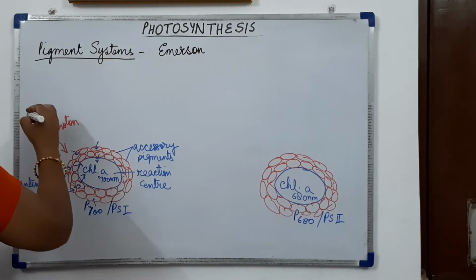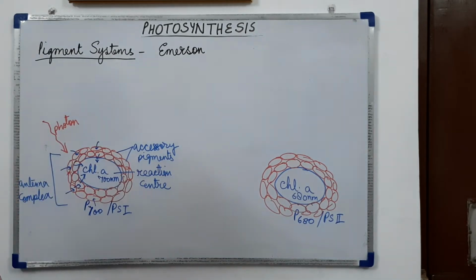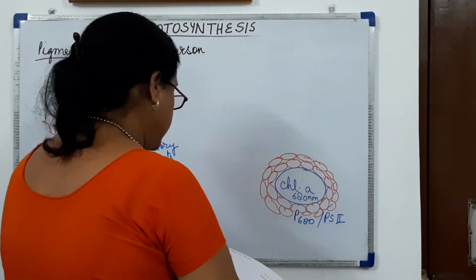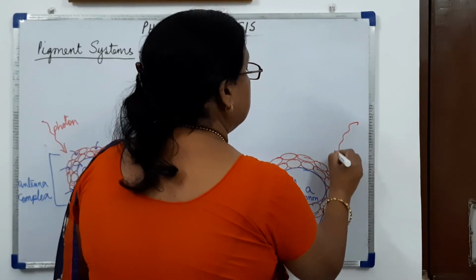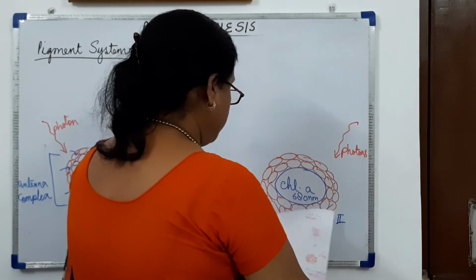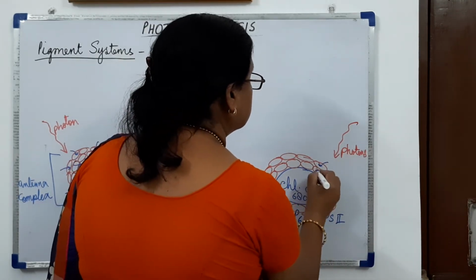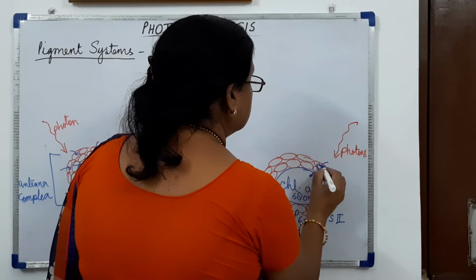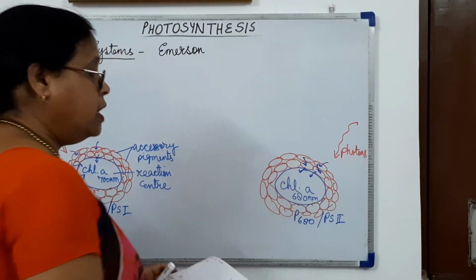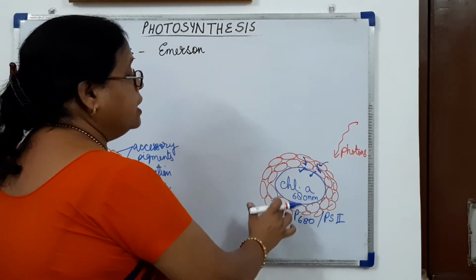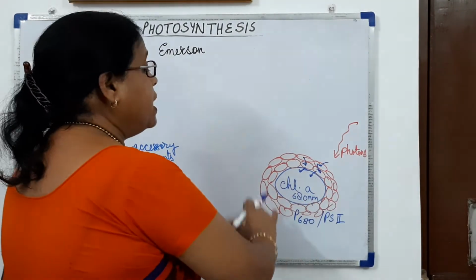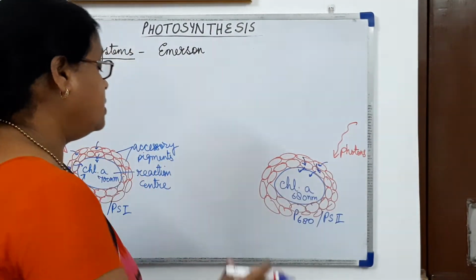This is the sunlight energy in the form of photons. The similar is here also. The sunlight will fall on it in the form of photons, and it will be transferred like this to the chlorophyll A, and it will get excited when it gets a sufficient amount of energy transferred by the accessory pigments.